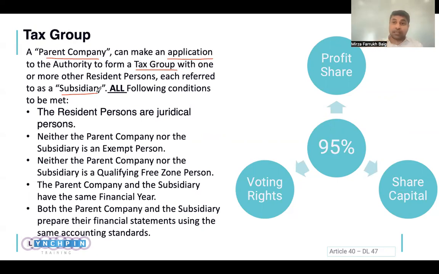It is important to understand that all of the following conditions must be fulfilled. There should be juridical entities, which means legal entities. Individuals cannot be clubbed into the groups.